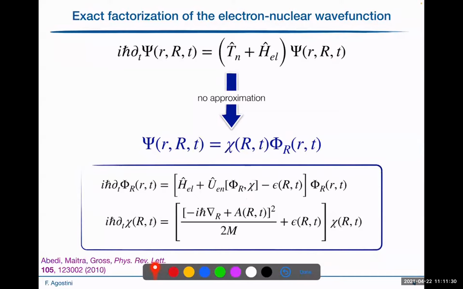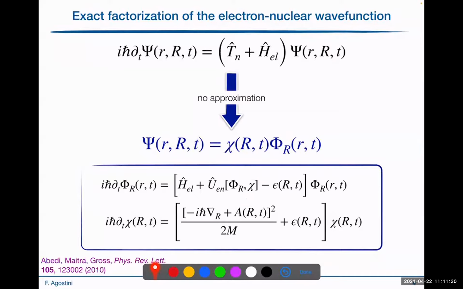And this approximation is summarized in this form here, where the nuclear part of the molecular wave function is a nuclear wave function, and the electronic part looks very similar to what we had in the factorization, with this parametric dependence on capital R, and this dependence on little r, the electronic positions.